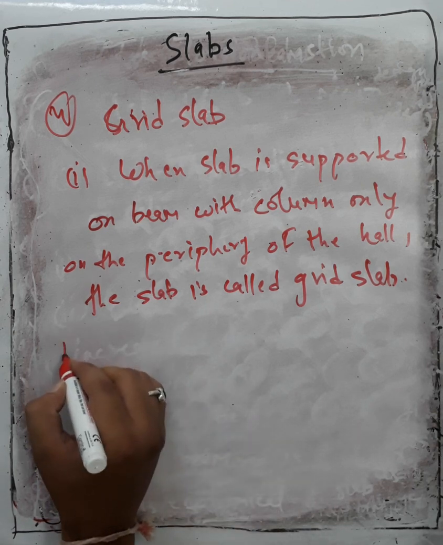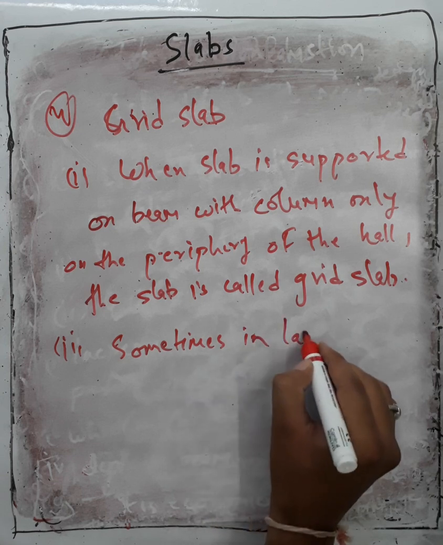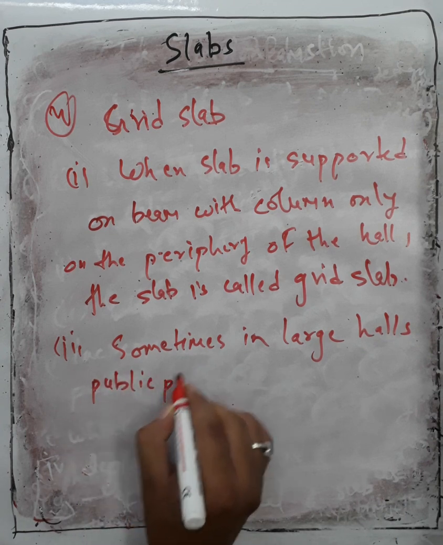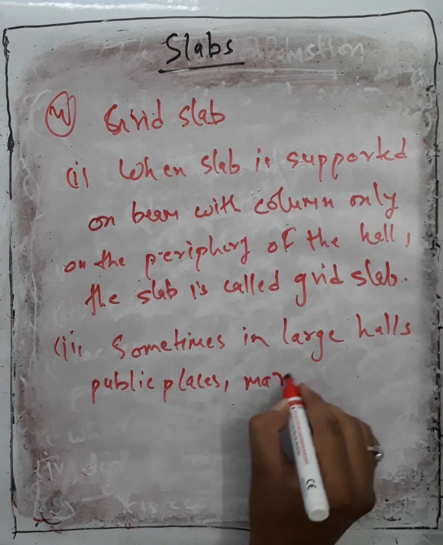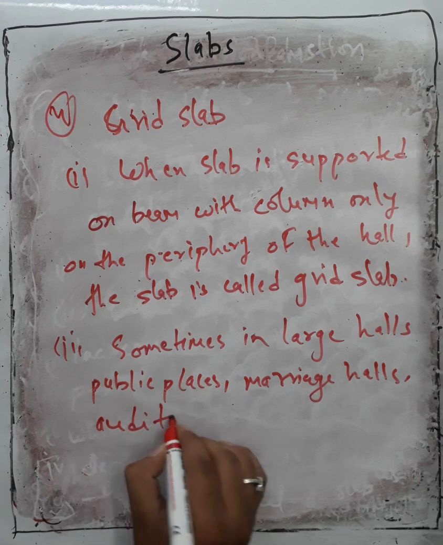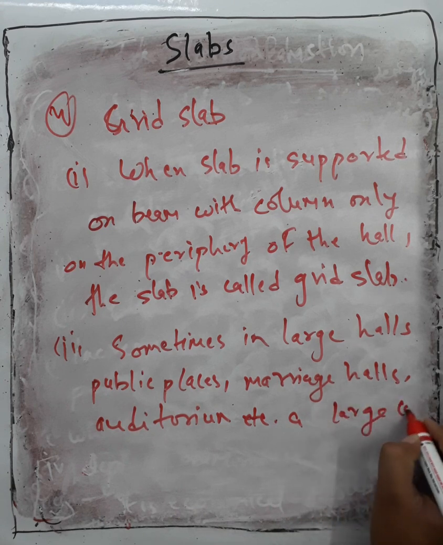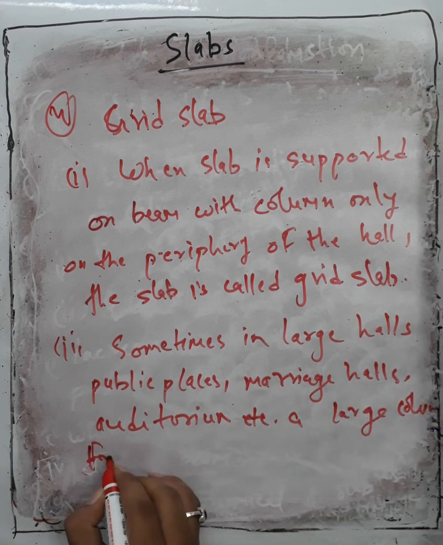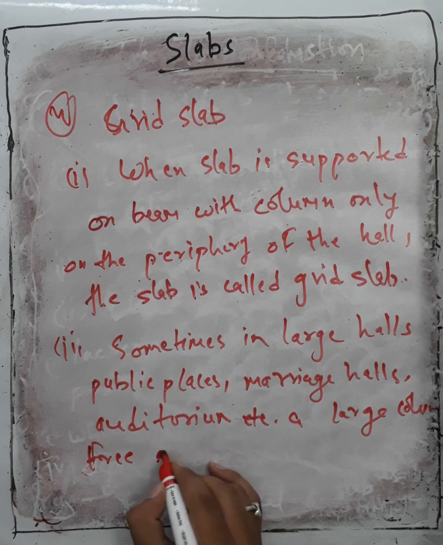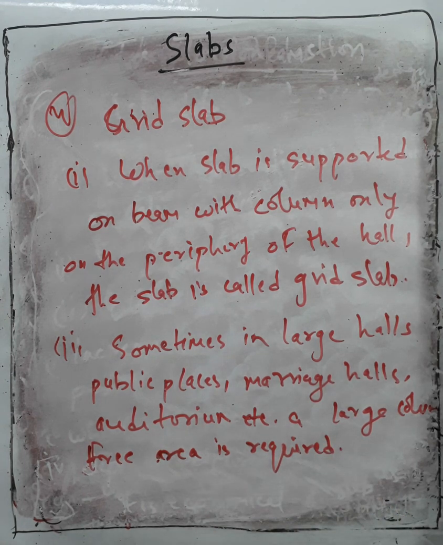Okay. And the second point is, sometimes in large halls, public places, marriage halls, auditoriums, etc., a large column-free area is required, because in a theater hall or auditorium, we do not provide columns everywhere.